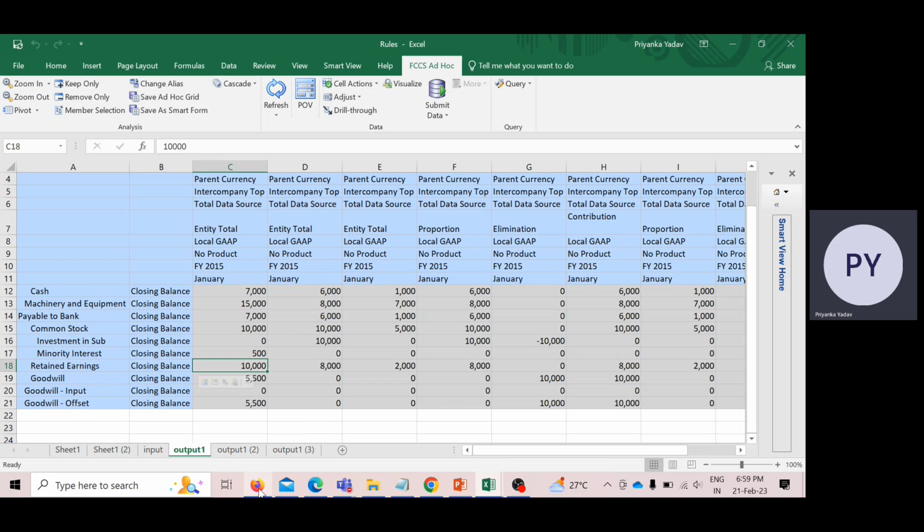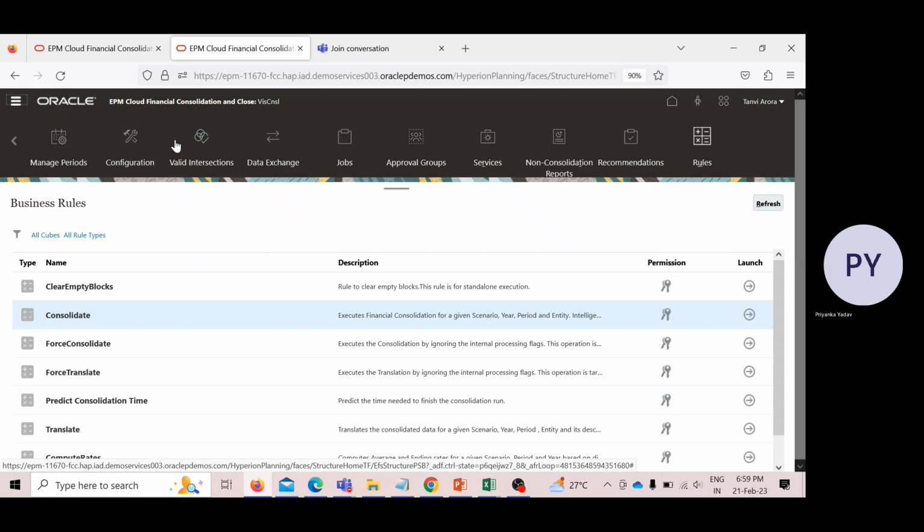So we will go back to the application and deploy the net income rule.